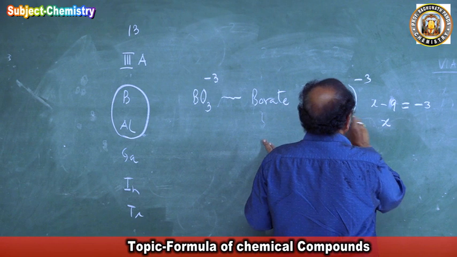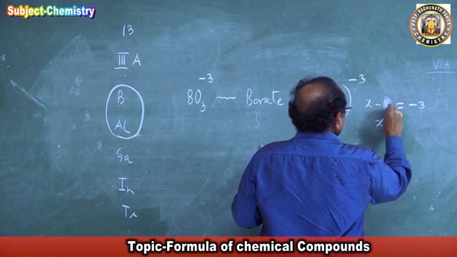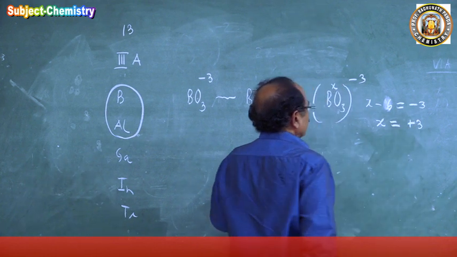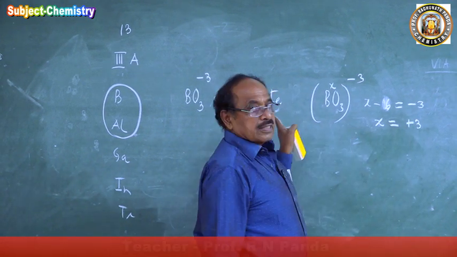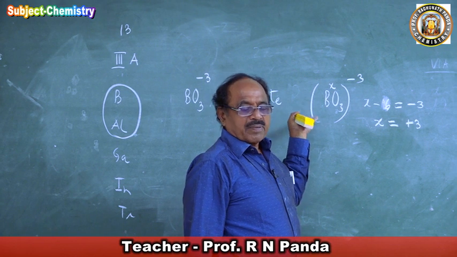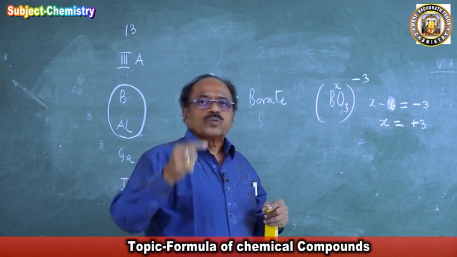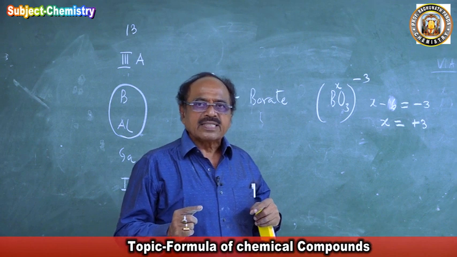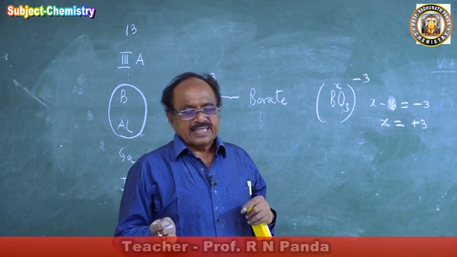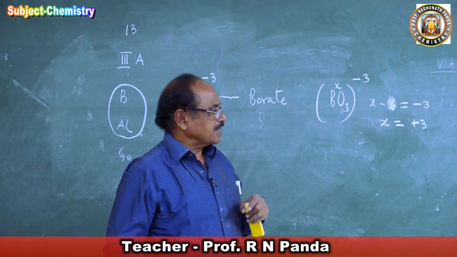So X minus 6 is equal to minus 3. So X is plus 3. So boron is using the plus 3 oxidation state, the higher oxidation state, because the elements of group 3 will only exhibit plus 3 oxidation state or valence state.